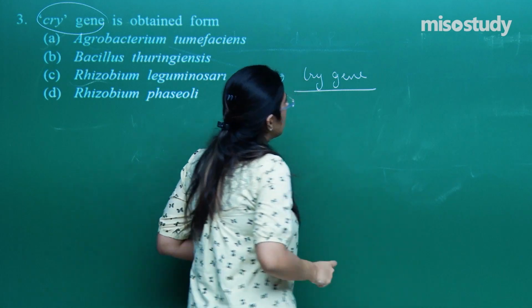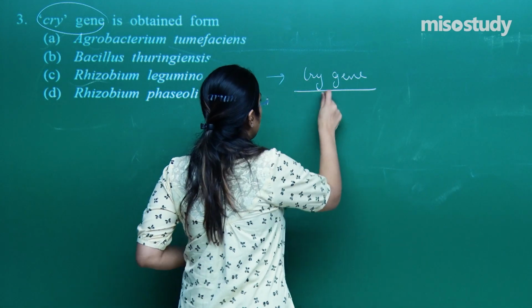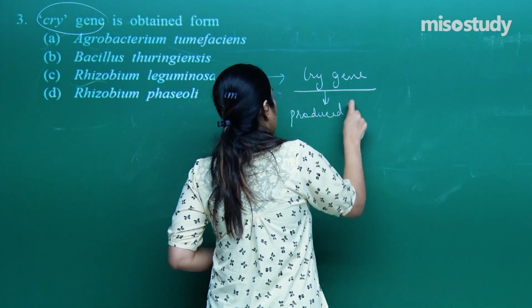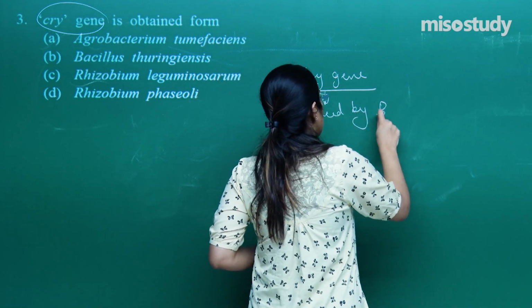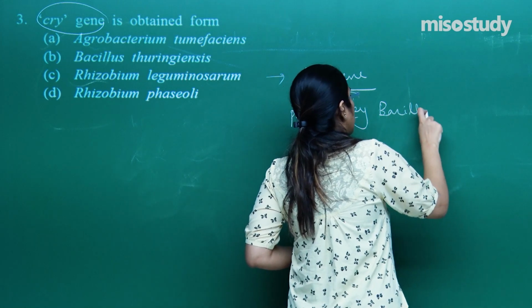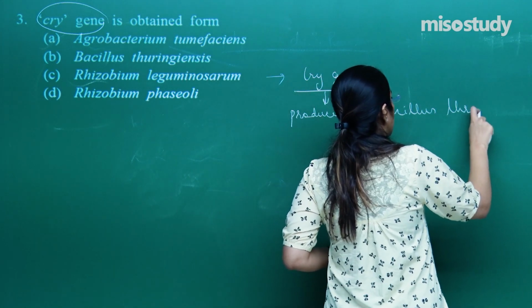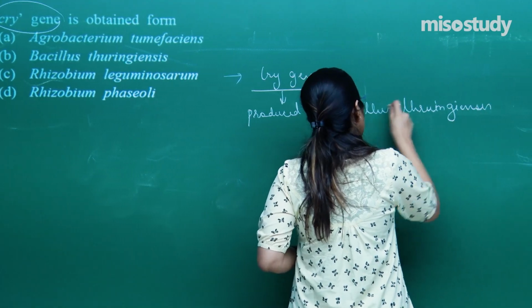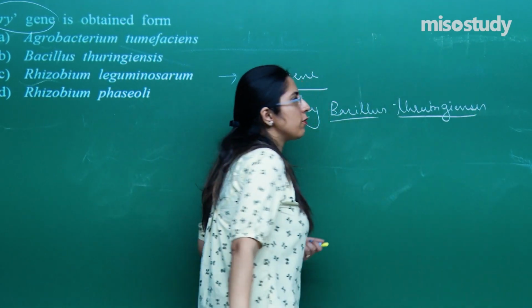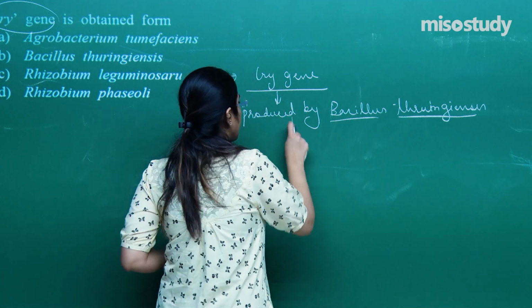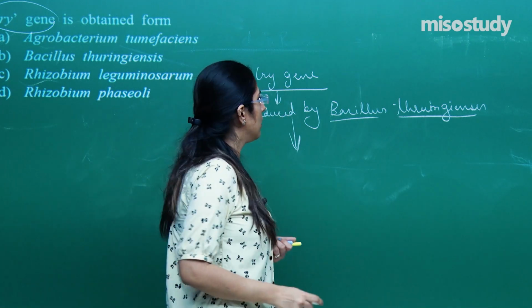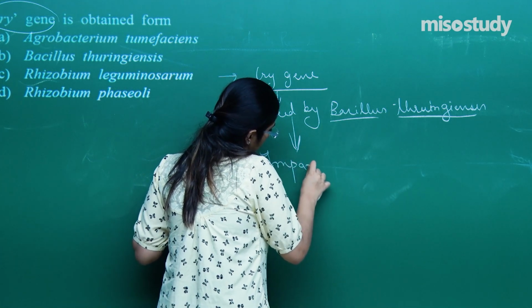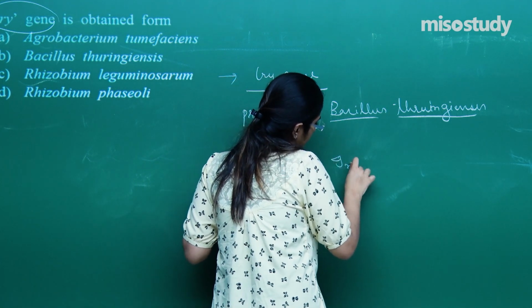The cry gene is produced by Bacillus thuringiensis, and this particular gene imparts insecticidal property.